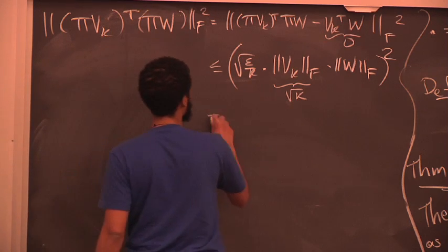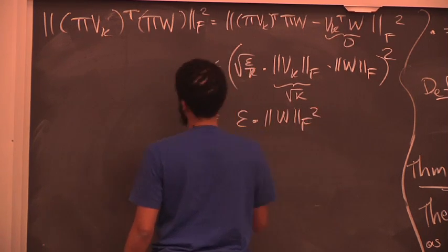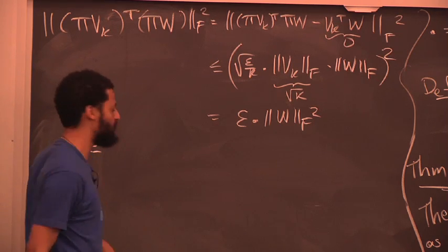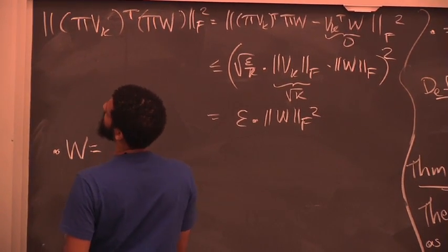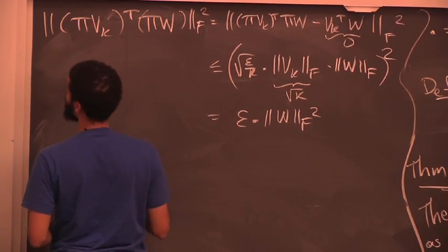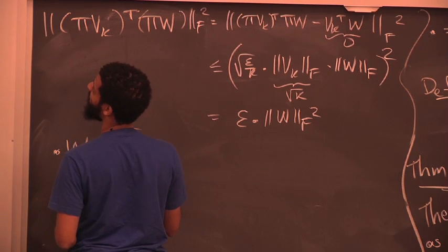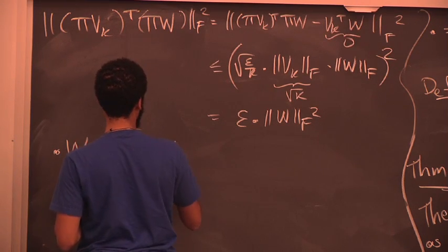And that's epsilon times w Frobenius norm squared. And notice that in our case, this matrix W, when you actually do this column by column thing, is none other than A transpose minus AK transpose.